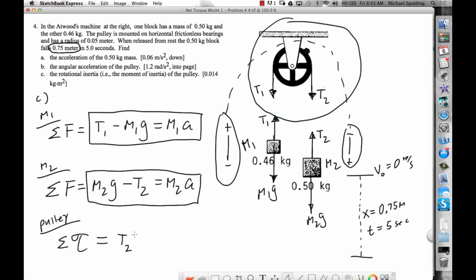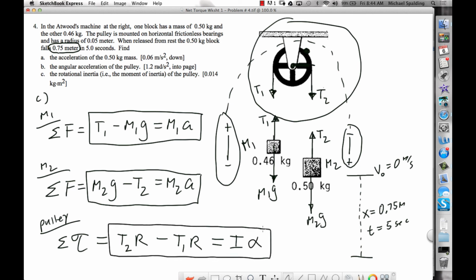T2 times, what's the perpendicular distance from the axis? R. From the axis over to T2 is the radius. Then T1 is going to be minus, because that's in the other direction, clockwise, counterclockwise. T1 times R, those are the two torques. What is the sum of the torques always equal to? I alpha.